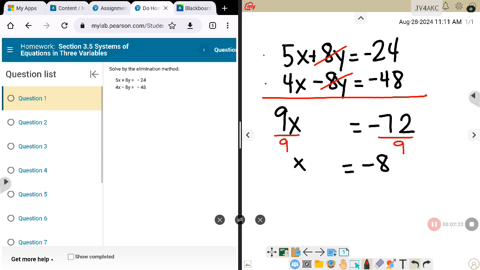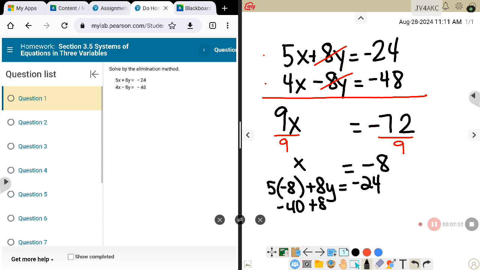So let's just put it in that top one. So I'll have 5, replace the x with negative 8, plus 8y equals negative 24. So let's see, 5 times negative 8 gives me negative 40, plus 8y equals negative 24. Solving for y, so I'm going to add the 40.